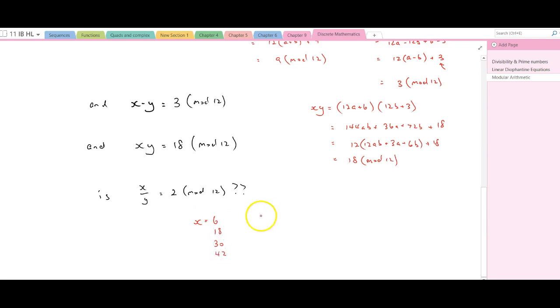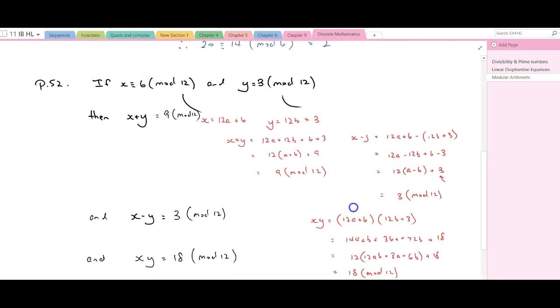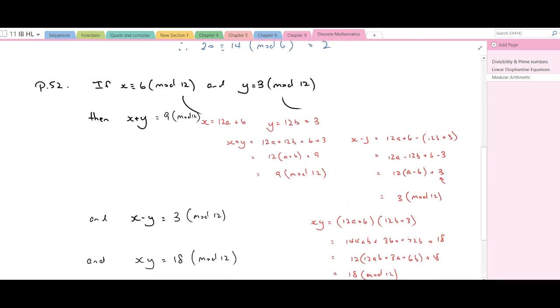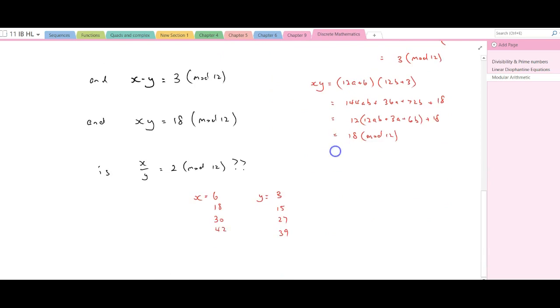These are all the values that x could be, and y is 3 mod 12, so it could be 3, or 15, or 27, or 39. These are all the values that y could be. So these are equal to 3 in modulo 12, and these are equal to 6 in modulo 12. So these are all our possible values.